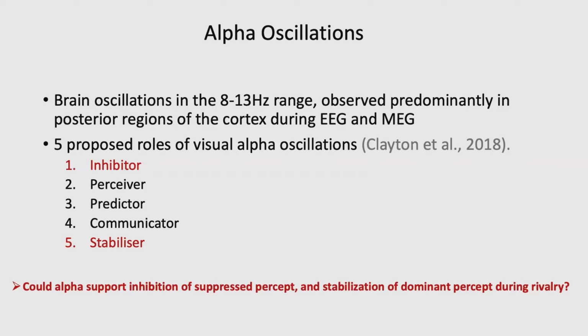I'm going to focus mostly on the idea of alpha as an inhibitor or alpha as a stabilizer. We're asking if alpha can support the inhibition of the suppressed percept and/or the stabilization of the dominant percept during rivalry.